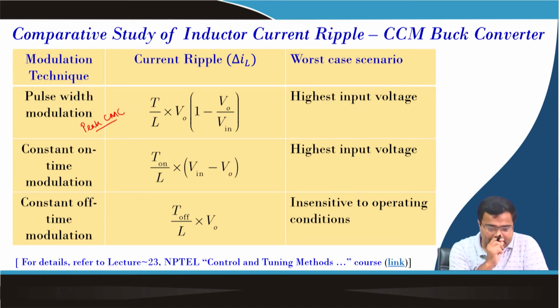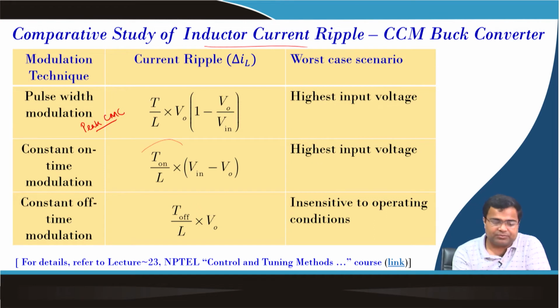But here the penalty is, if you consider the current ripple under constant on time control for a buck converter, it can be shown that the current ripple is maximum when the input voltage is maximum. For pulse width modulation, that means any fixed frequency modulation, it is maximum for minimum input voltage.